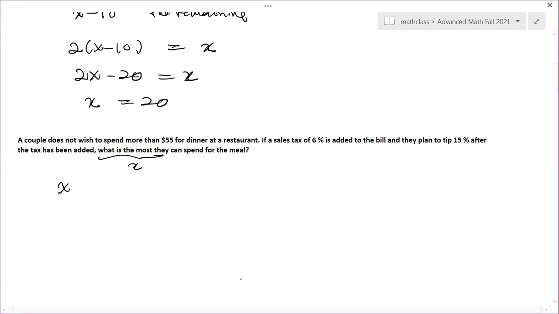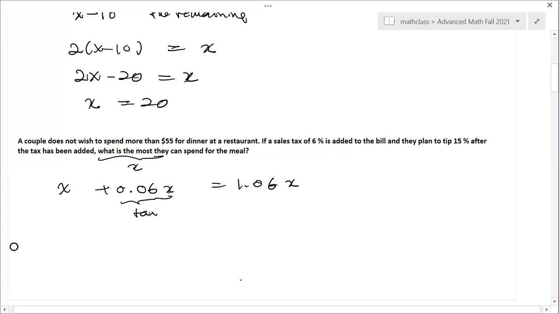So first of all, you have to add the tax, 0.06 of X. That's the tax. Okay, so total is 1.06X. That is the bill you're going to receive, the waitress will give to you, right? But then you're going to add the 15% tip.